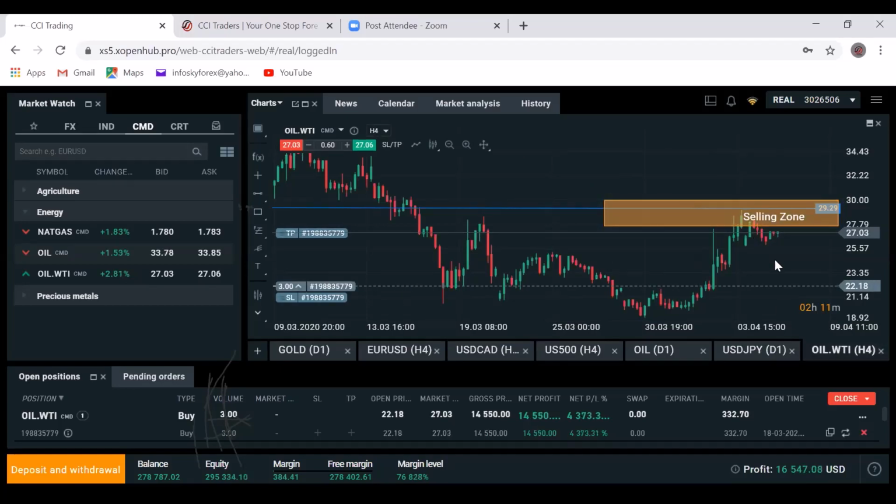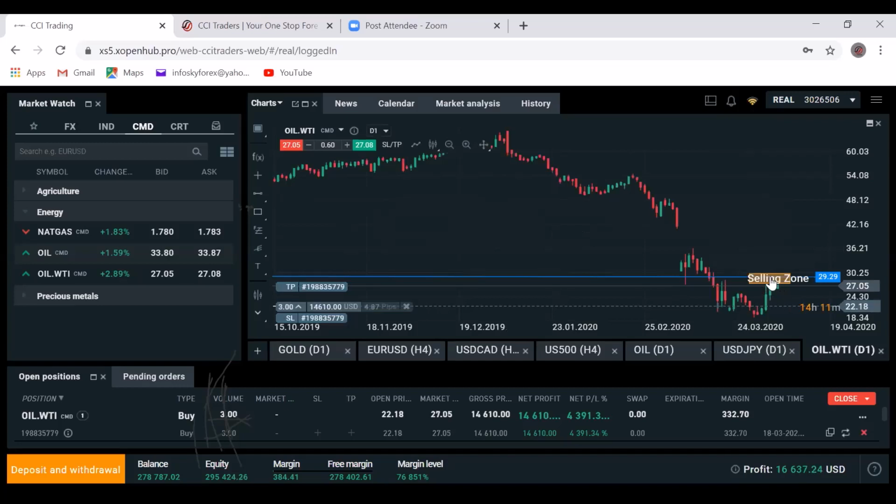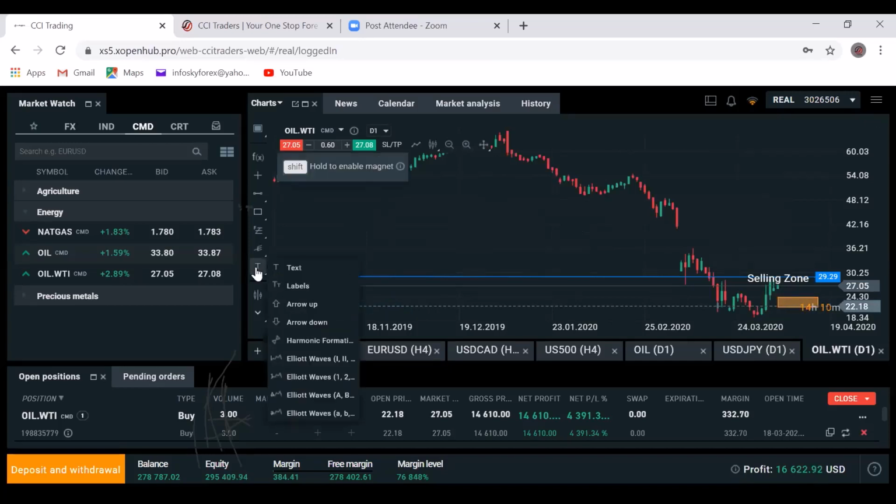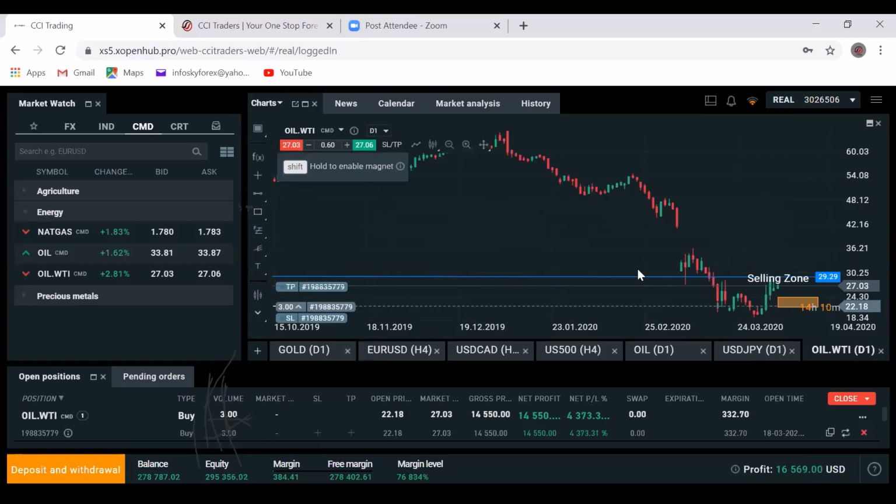If you want to sell oil for a short movement, I suggest you sell within this price, but on a buying signal, I think buying is more supported on a long-term movement.